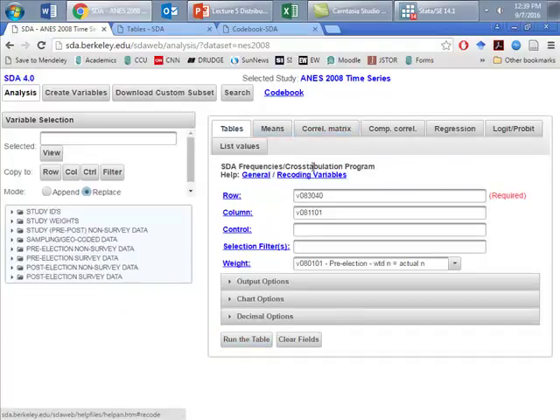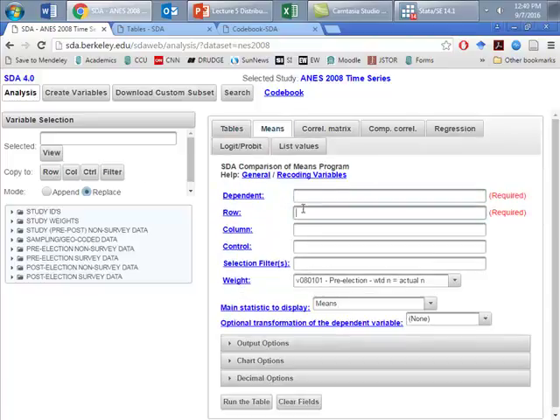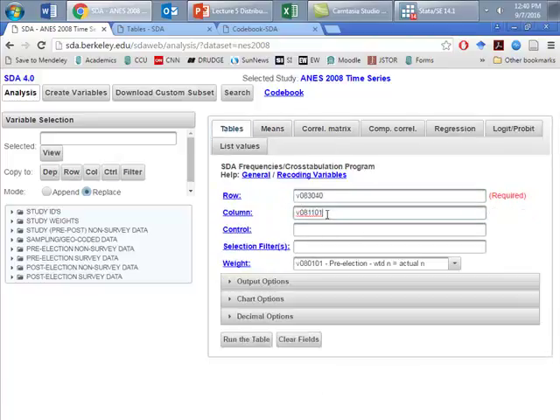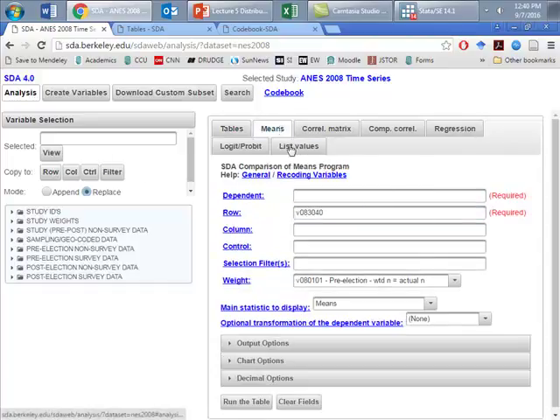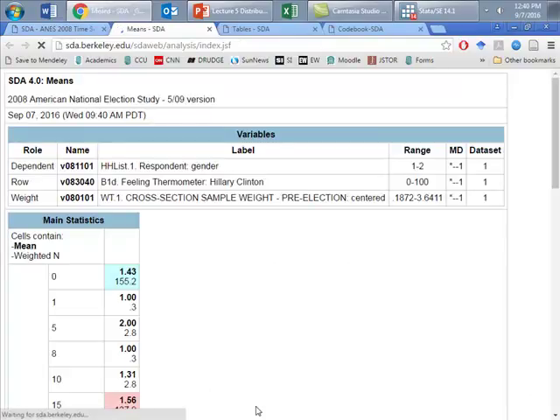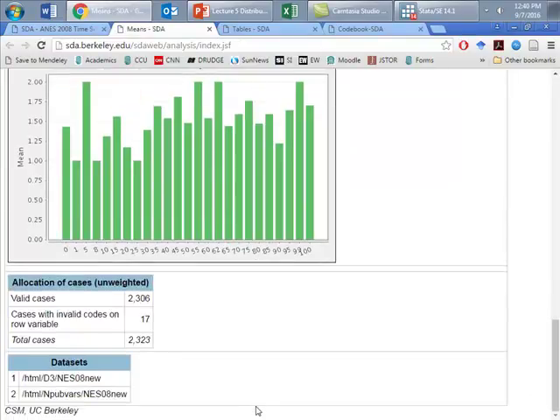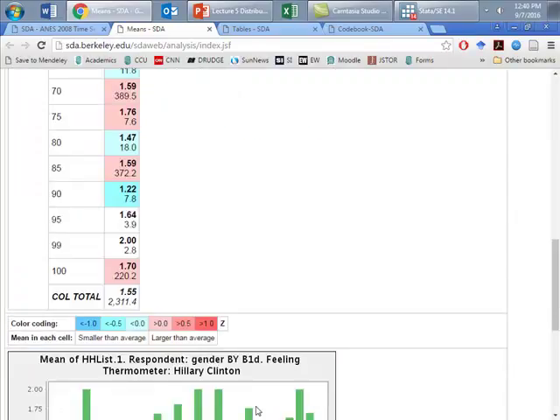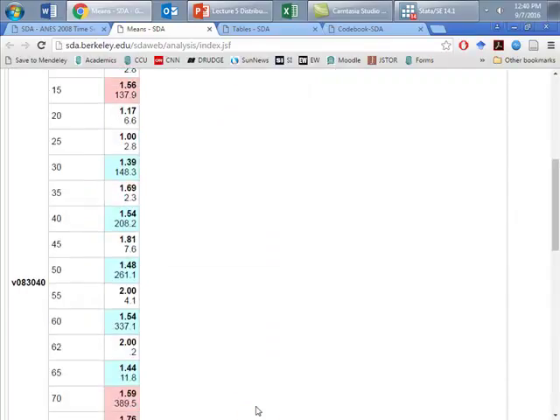Means. I wanted the means. Sorry. Row. Dependent variable was this one. It was just doing it for every value. And I don't want that. I want to compare the means. Yeah, I really should have done this ahead of time.